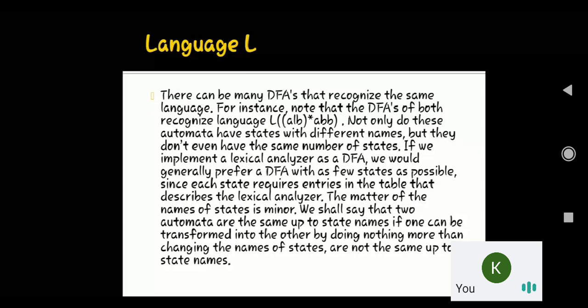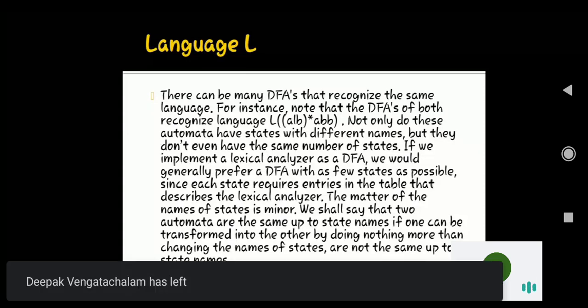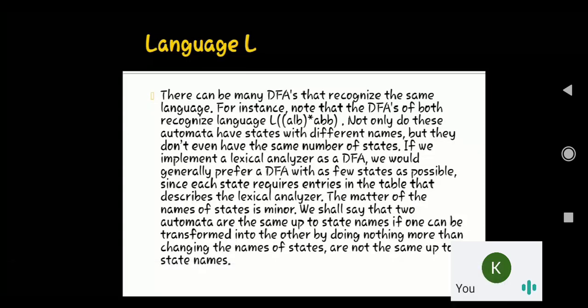And suppose if you're going to have more number of states, automatically the table construction seems to be a complex one. So normally we used to have DFA, and then we used to construct it into a table, and then further into a program, and that particular program used to act like what, lexical analyzer for us. But here we used to consider the DFA which is going to have the minimum number of states.